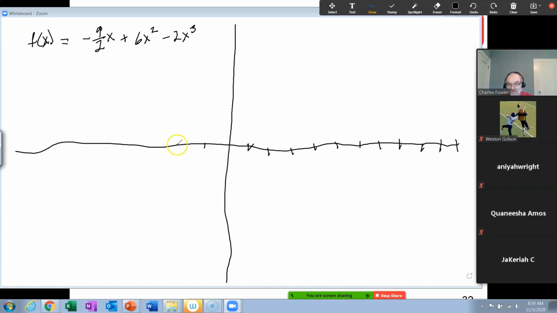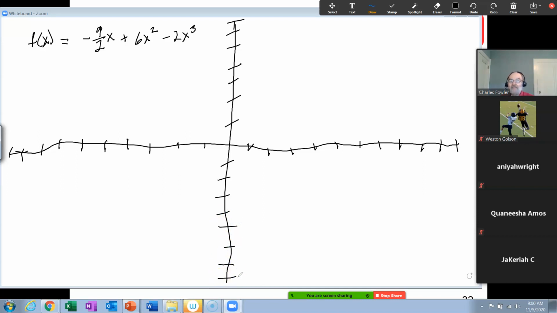Negative 1, 2, 3, 4, 5, 6, 7, 8, 9, and going up 1, 2, 3, 4, 5, 6, 7, and down negative 1, 2, 3, 4, 5, 6, 7, or maybe even get an 8 down there.